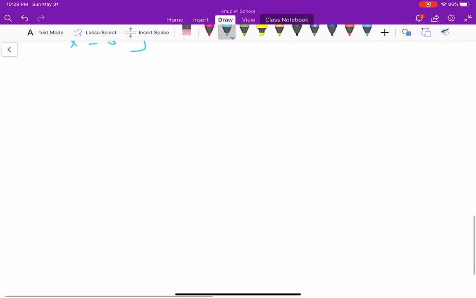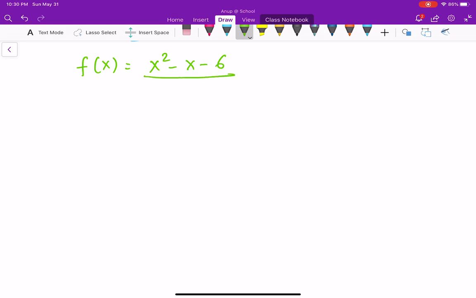Alright, let's take one more example, and let's take the function f of x is equal to (x square minus x minus 6) divided by (x square minus 3x minus 10). Let's try to see the denominator, x square minus 3x minus 10, and see if this is equal to 0 at some location.